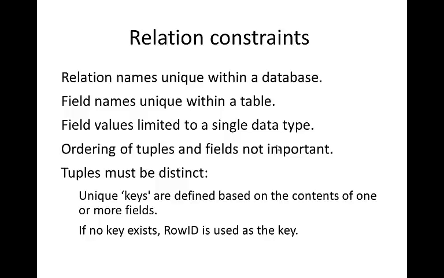Now, importantly, the tuples, the rows, must be unique, distinct in some form or fashion. The normal thing to do is to define unique keys that define the uniqueness of the record. However, in some cases, no key exists. There's no natural key in the data, so we can just use the numerical row ID in the database as the unique identifier.